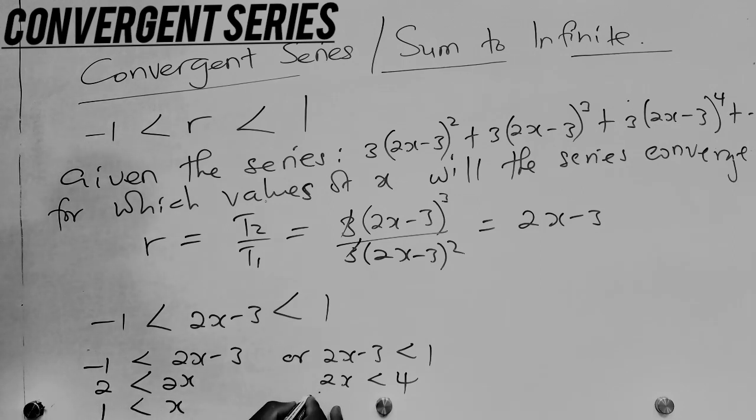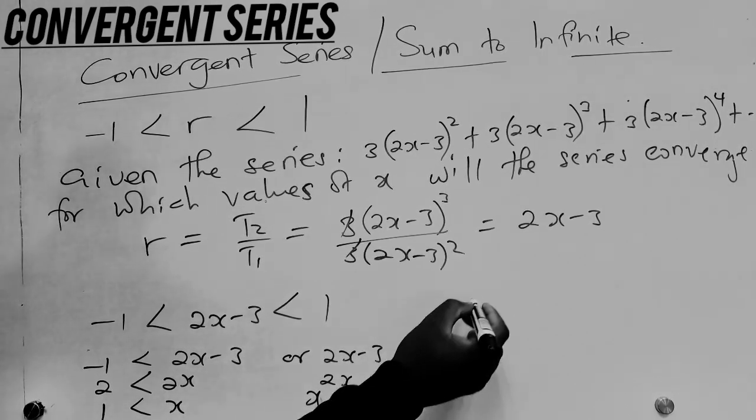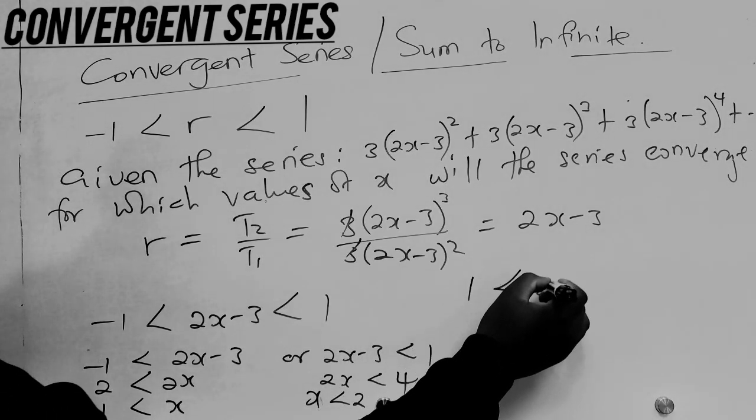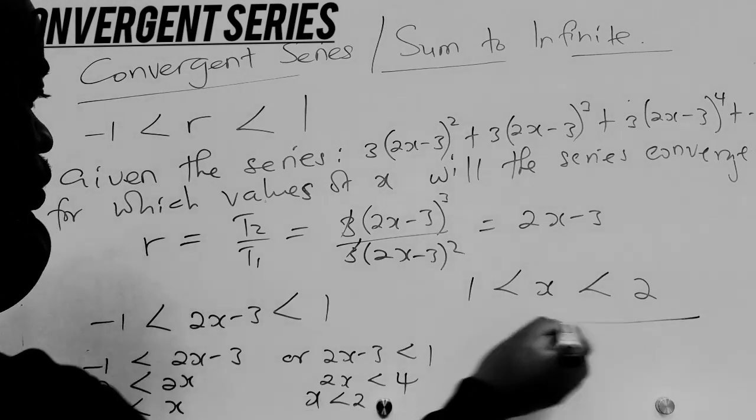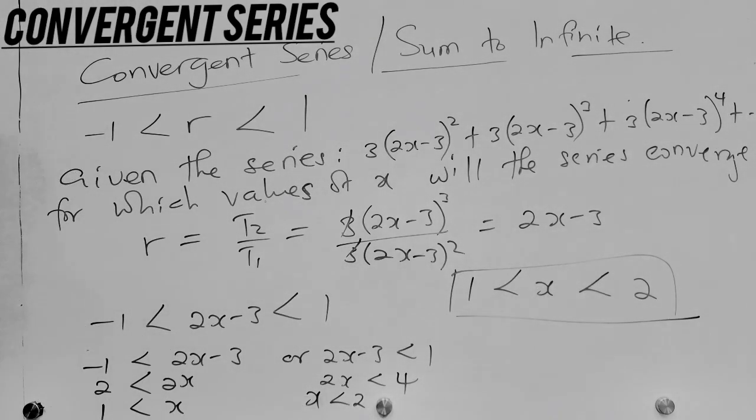Here it is 2 < 2, or it's x < 2, sorry. So now our solution will be like this. It is joined: 1 < x < 2. So that is our solution. At 1 < x < 2, that series will converge.